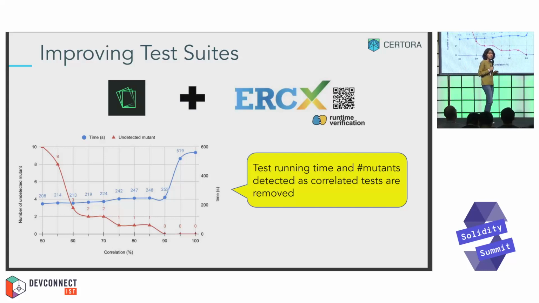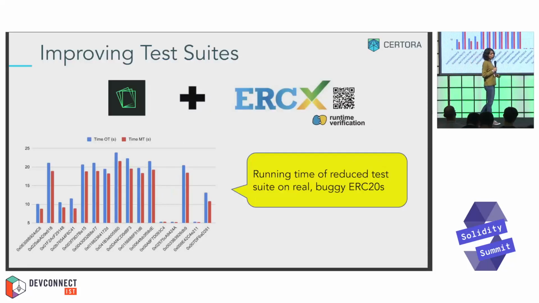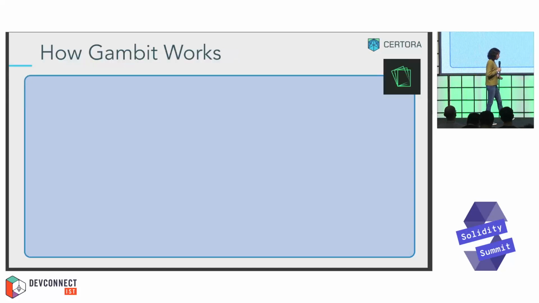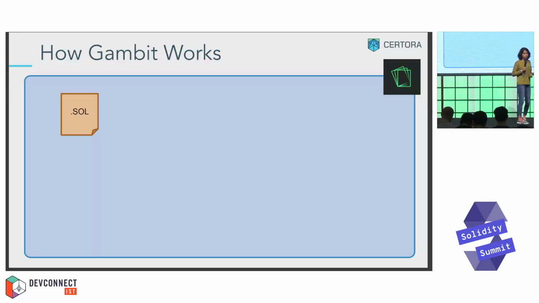So we don't want to sacrifice coverage, but we do want to make sure that, if possible, the test suite is as minimal as possible. Another quick result here is we then ran the minimized test suite on known buggy ERC20s, and we found that we were able to catch all the bugs, but the test suite was running faster, which was kind of the hope.